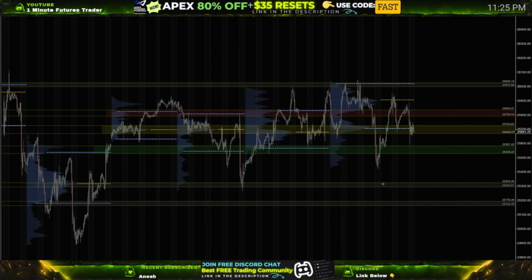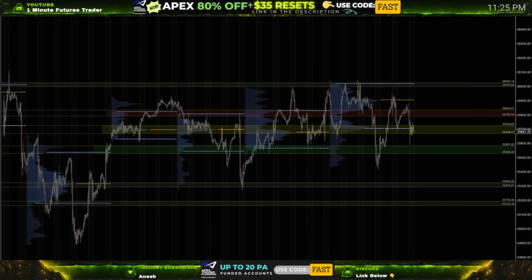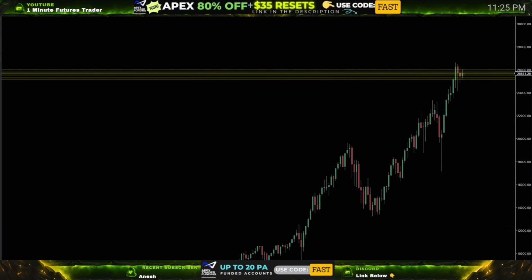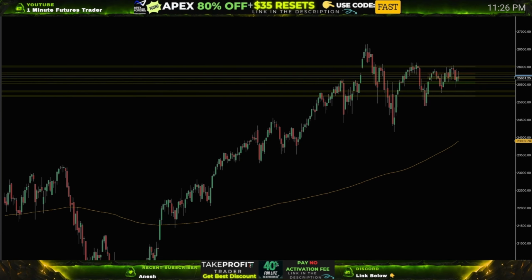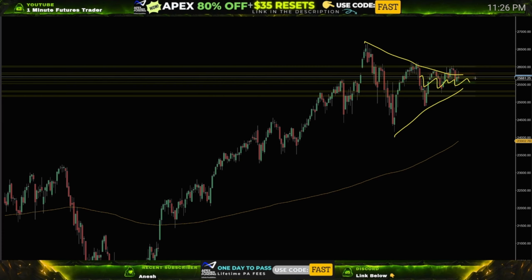And also, if you look at the bigger time frame, so this is an hourly chart, and if you look at the monthly time frame, we are in a wedge right now, and looking at the weekly time frame, we can see that we have been in this point of control area, value area, for a couple of weeks now. And this is the daily chart, so we are still in a wedge into this point of control area.